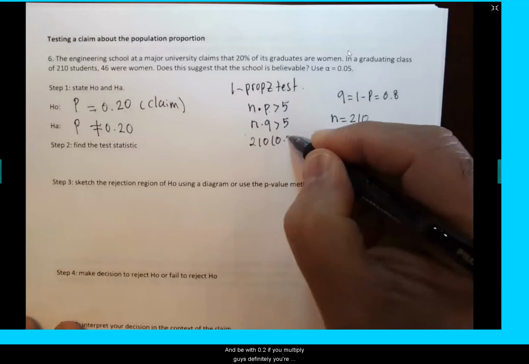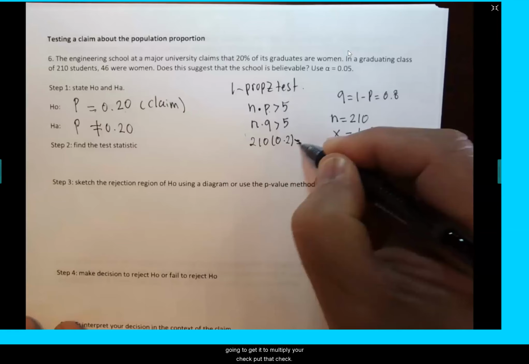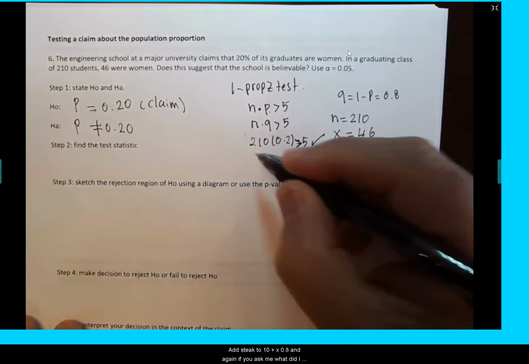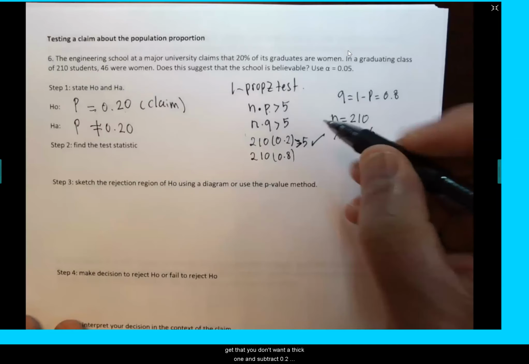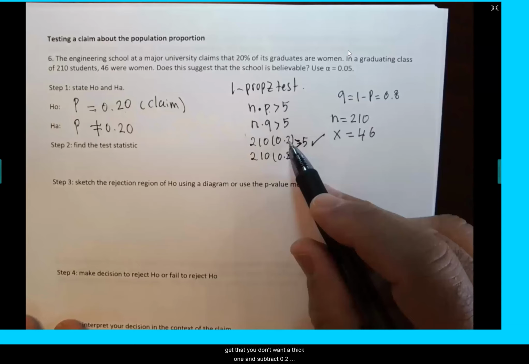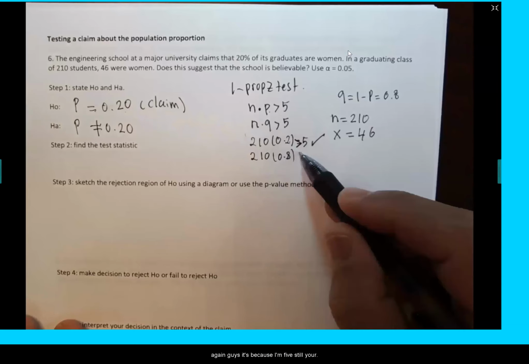If you multiply, definitely you're going to get more than 5. You put a check mark. Now, if I take 210 and multiply by 0.8, and if you ask me where I got the 0.8, take 1 and subtract 0.2. Again, it's bigger than 5, so you're good to go for the test.